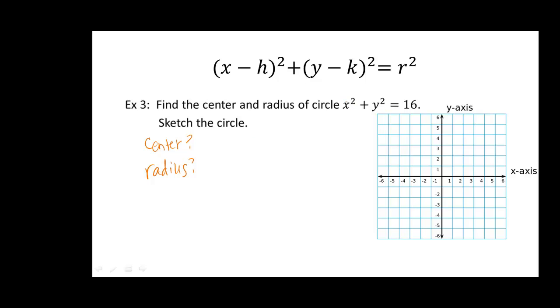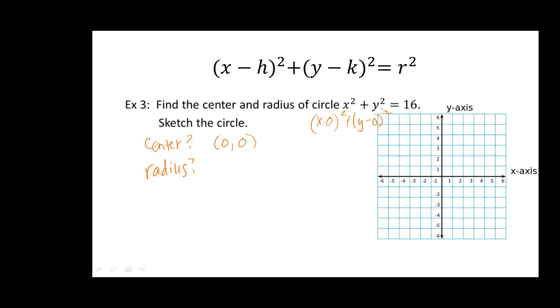And you will see there's nothing subtracted from x, which would be h. If nothing's subtracted, then h is 0. Nothing subtracted from the y, so k is 0. That's the same as saying this. Just like we did on that previous example, it's the same thing. So my center is 0, 0.